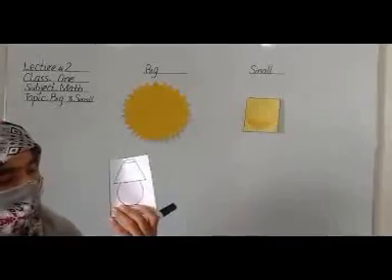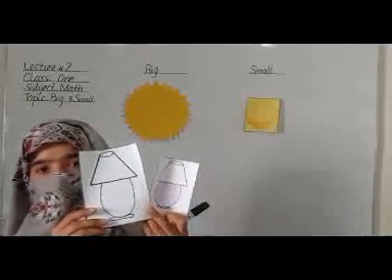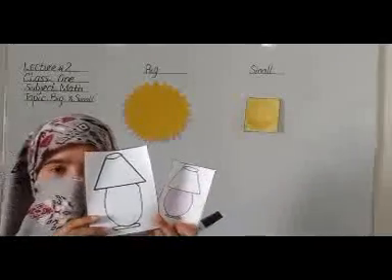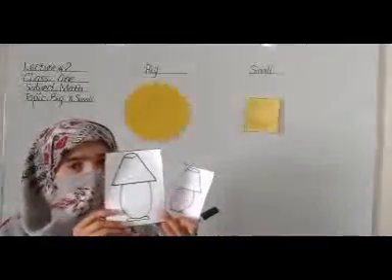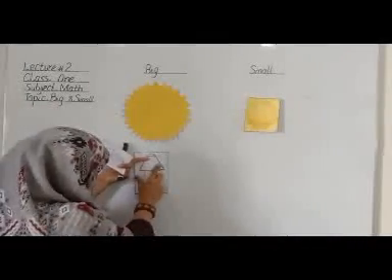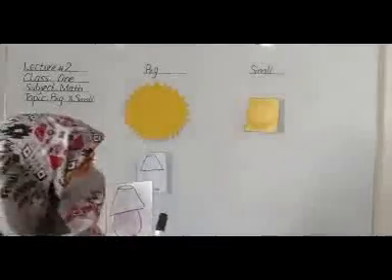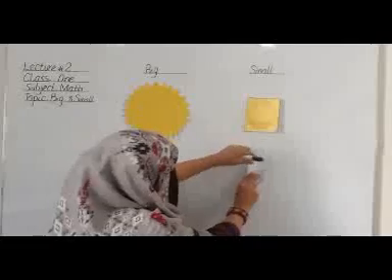Tell me, is this lamp bigger or smaller? Students, this one is bigger. Now paste it under the bigger, and this one is smaller, and paste it under the smaller.